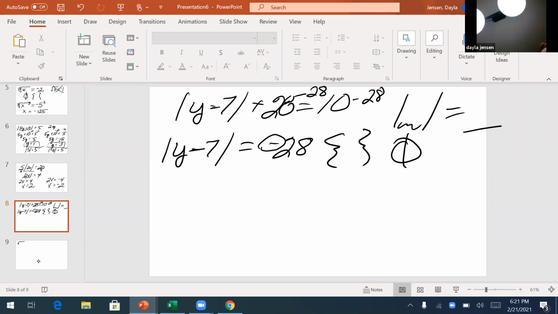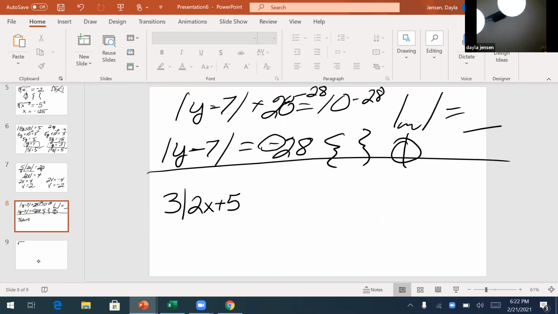What about this one? 3 times |2x + 5| minus 41 equals -8. Now you might look at that -8 on the right-hand side and say, wait a minute, we can't do that, because of that problem we just did.